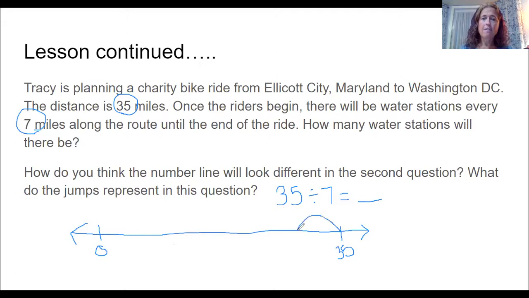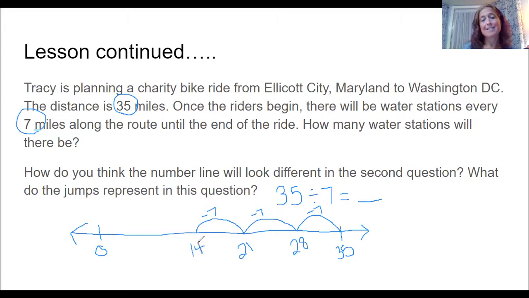Okay, so 35 minus 7 is 28. Okay, we're not at 0 yet, so we've got to keep going. 28 minus 7 is 21. 21 minus 7 is 14.